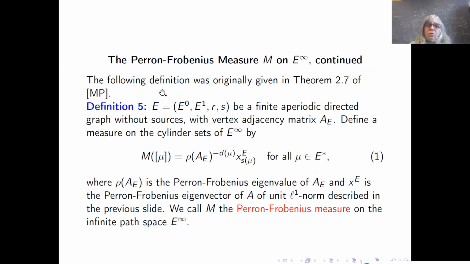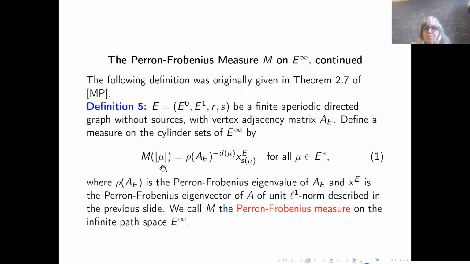And now here's this definition that comes from the work of Marcolli and Paolucci, and it can be adapted to the higher rank graphs, but here let's just talk about our finite directed graphs with one color for edges. So suppose we have a finite aperiodic directed graph without sources and vertex adjacency matrix A sub E. Define a measure on the cylinder sets of the infinite path space as follows.